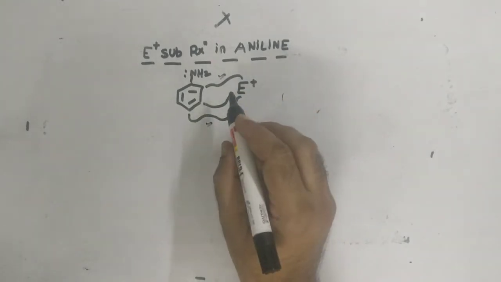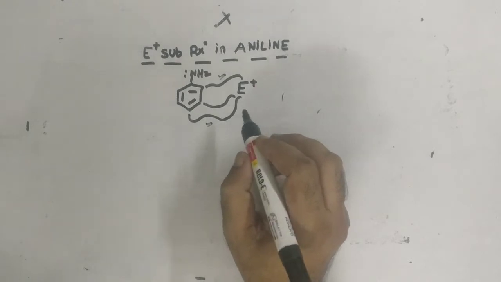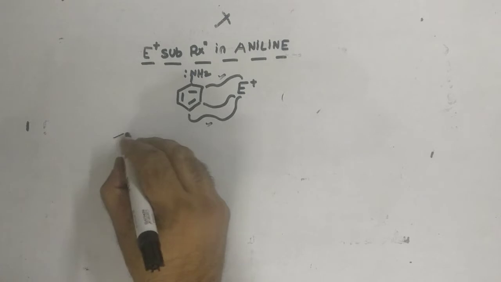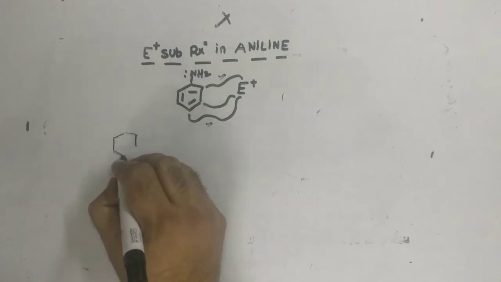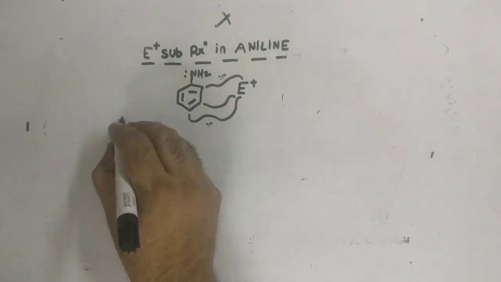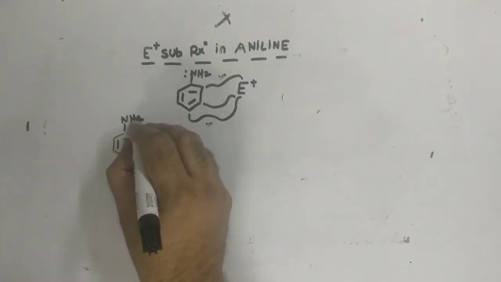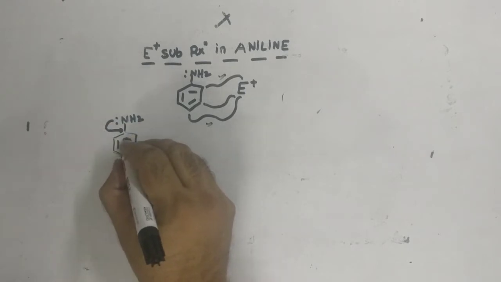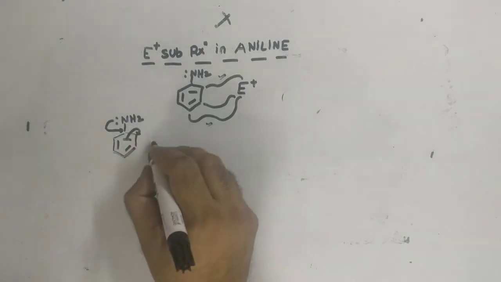The NH2 group is an ortho-para directing group. Let's prove it. For that we need to draw the resonating structures of aniline. Plus R effect. Nitrogen has a lone pair of electrons, so just like phenol, anisole and aryl halide, the molecule will show plus R effect.